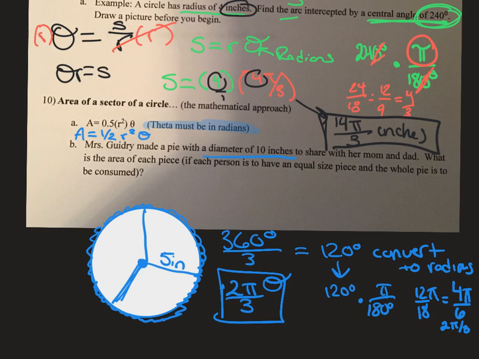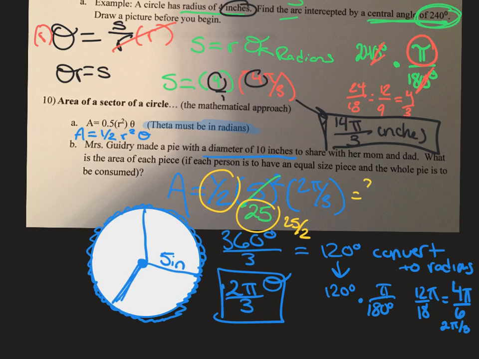So now I can use my formula. My area is going to be equal to 1/2. My radius is 5 squared. And then my central angle was 2 pi over 3. I'm going to cross this off. This is really a 25. And when you combine this piece with this piece, you get 25 over 2.